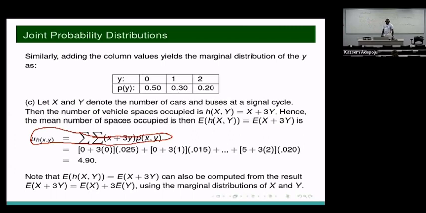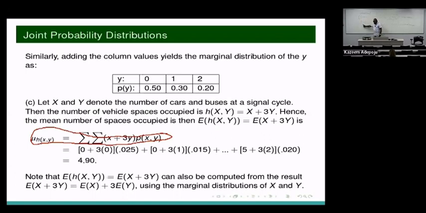Let me also tell you this. If you don't want to go that way, what they ask you to find is the expectation of x plus 3y. You can use the method of linearity of expectation. This is the same thing as the expected value of x plus 3 times the expected value of y.